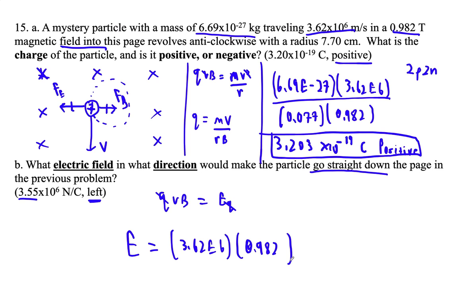I'm getting that E is 3554840 newtons per coulomb. So I go, let's see, 1, 2, 3, 4, 5, 6. So 3.55 E6 newtons per coulomb left.